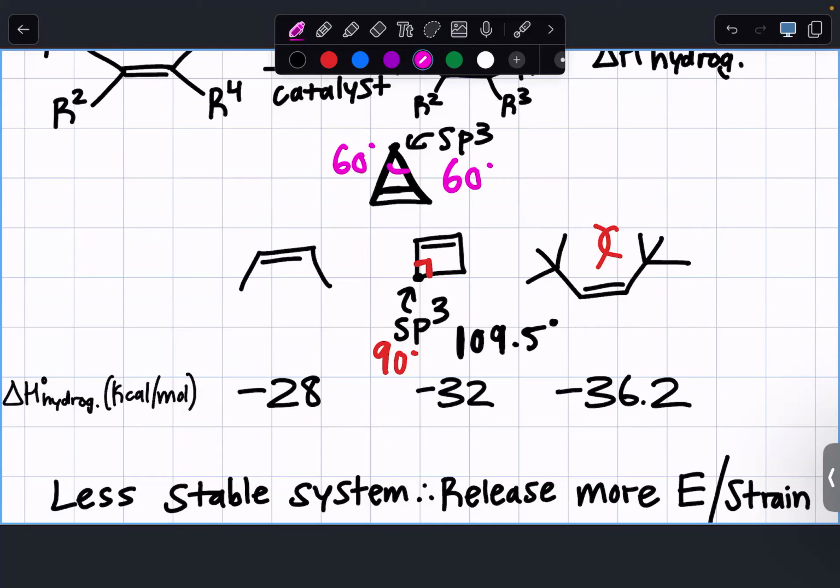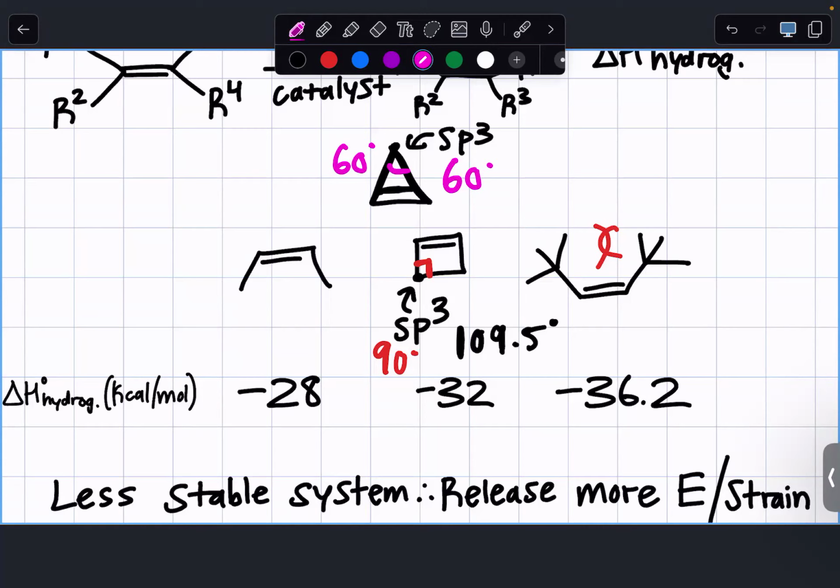And this cyclobutene gives more energy. This cyclopropene gives less energy. Wait, it's the other way around. This cyclopropene gives more energy because it's unstable. This cyclobutene gives less energy because it's more stable, right? So think of it like energy and stability are inversely related. The more stable the alkene is, the less energy it gives, and the other way around as well.